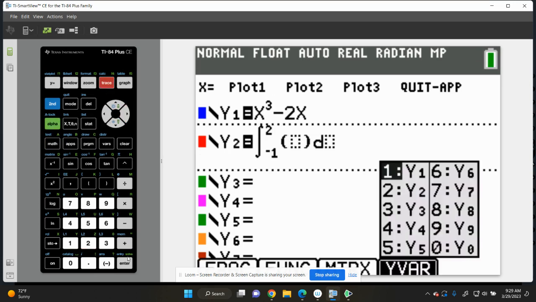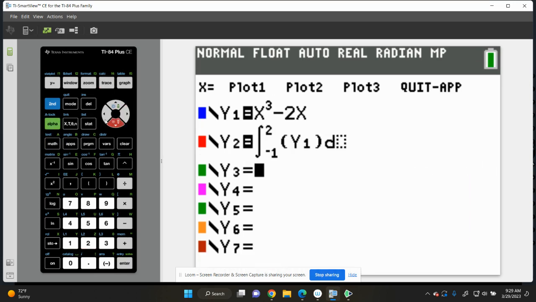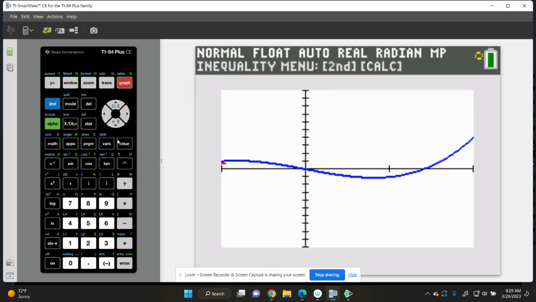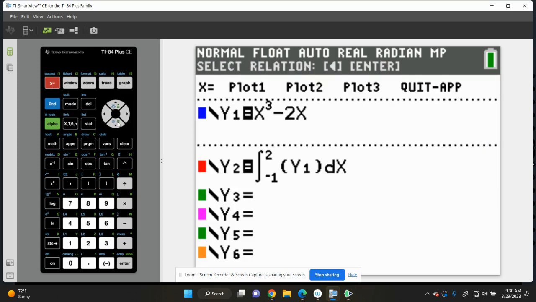I'm not sure. I think it's just going to graph it as 3/4, but let's check it out. I feel like there is a way of doing that. Oh, wait a minute, I have an idea. Isn't there a shading option?